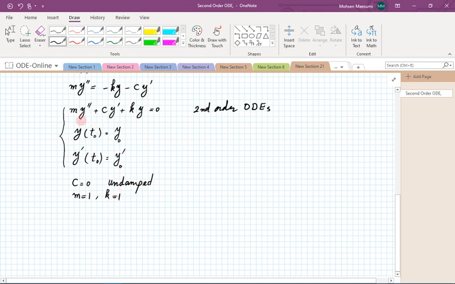So what is left from this equation? Well, all that is left is that y double prime plus y is equal to 0, or y double prime is equal to minus y. Well, definitely from calculus 1 you remember functions where the second derivative becomes a negative of the function itself.